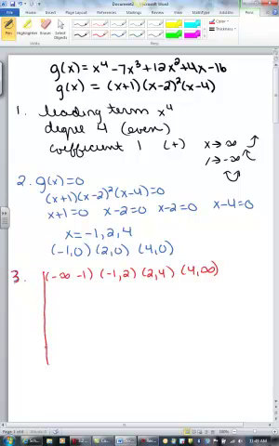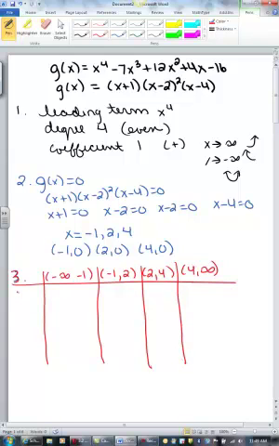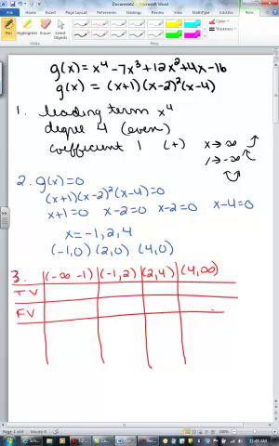Alright, we've got a couple of things that this chart's going to help us to find. Remember, first we need our test value, which gives us our function value. We find the sign of g of x, and then the location of where it is, above or below the x-axis.